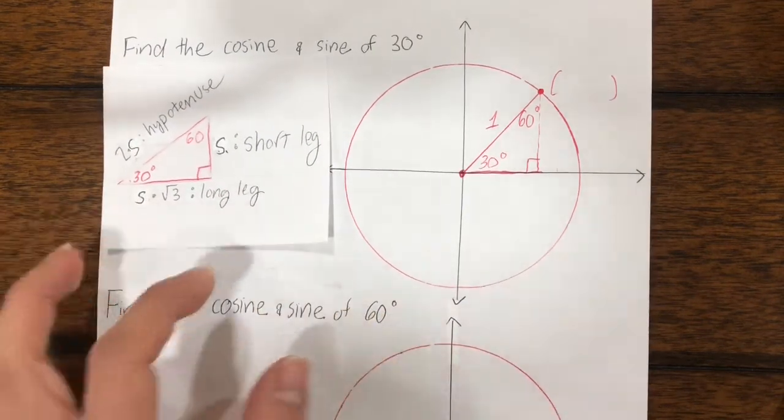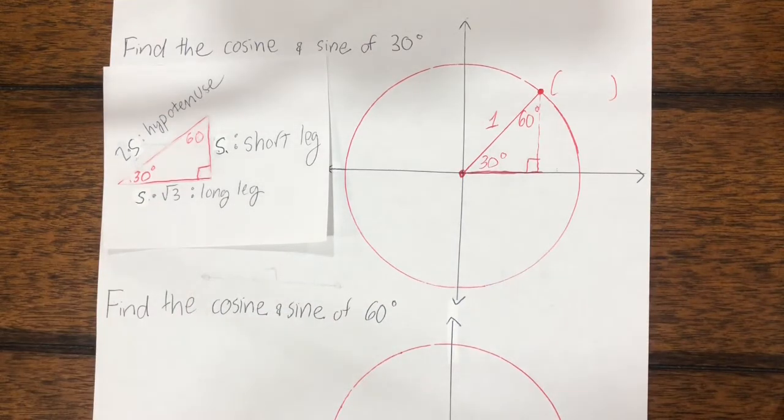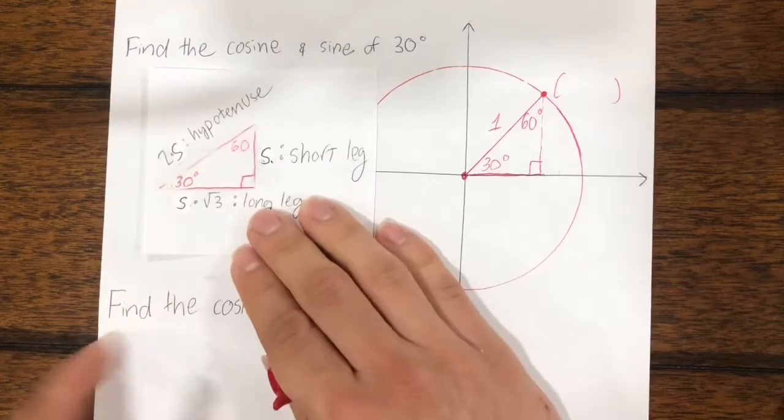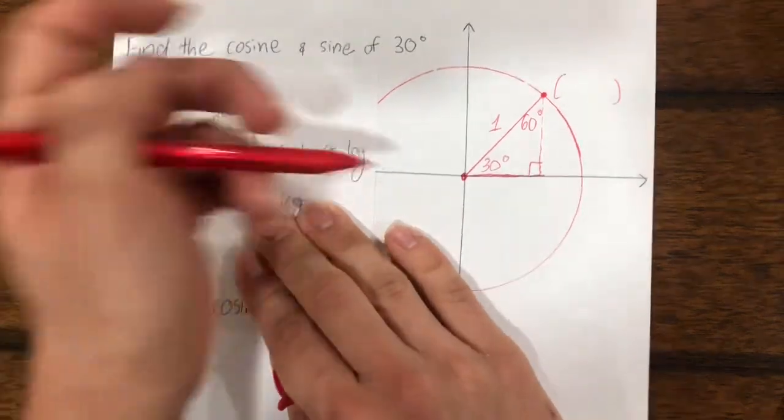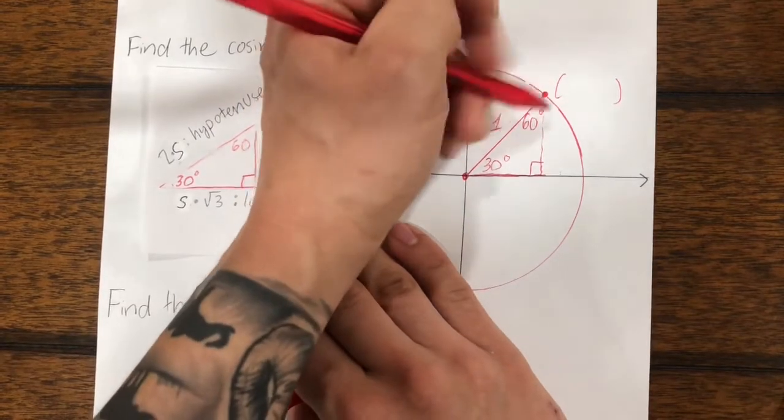So these are the formulas for each side of a 30-60-90 triangle, starting with the short leg. Now the short leg is on the opposite side of 30 degrees, the smallest angle. And if you take a look, we see that the short leg is in the same position as the y value over here.